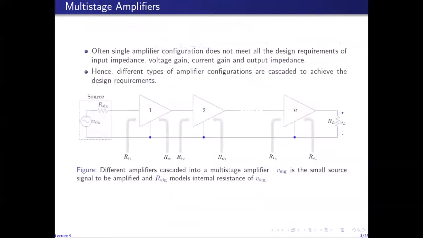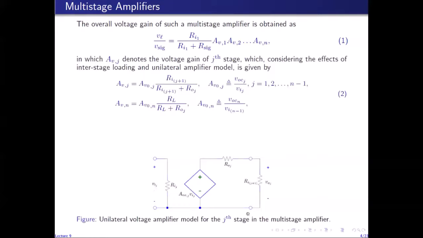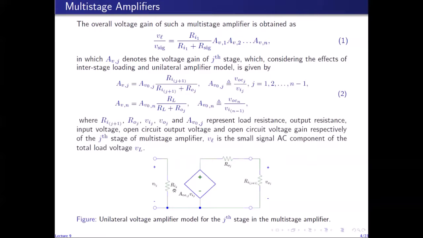So if the single stage amplifiers are considered unilateral, they can be replaced with this two-port unilateral model for the voltage amplifier in the jth stage. Vij is the input voltage of the jth stage, Rij is the input resistance of the jth stage, R naught J is the output resistance of the jth stage, and Rij plus 1 is the input resistance of the following stage, the J plus first stage.